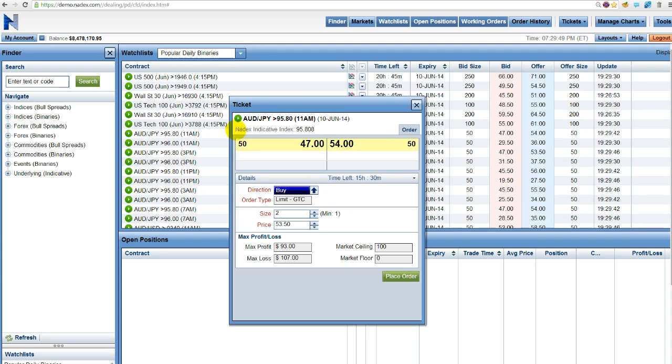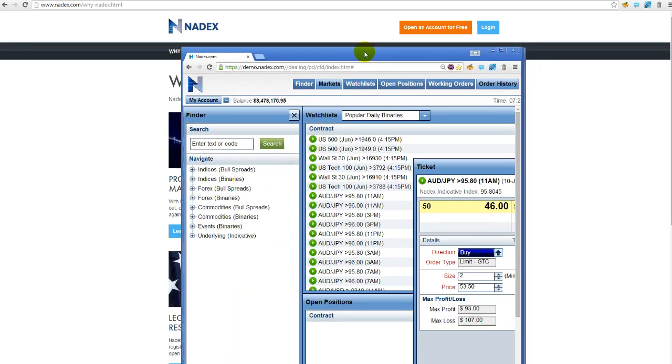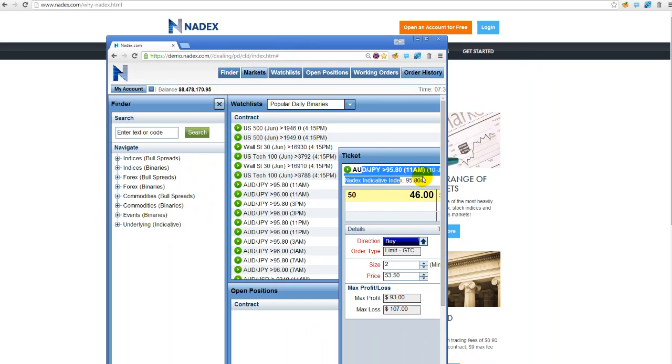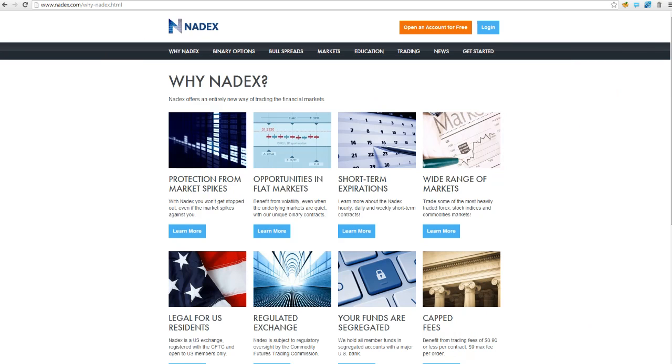It'll be close, but it's not the official price. So that's another common misconception. And I just want to make sure you do understand what that is so that you're not counting on it. When it comes down to the last few minutes, that's when I start looking at this indicative to get an idea of where it's really at. Okay? Beyond that, I'm looking at the actual charts. I'm not looking at the indicative itself.